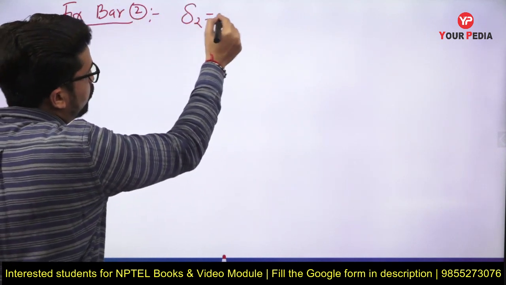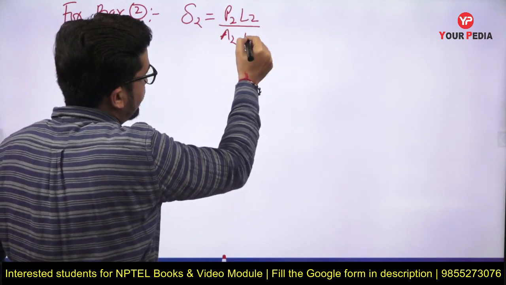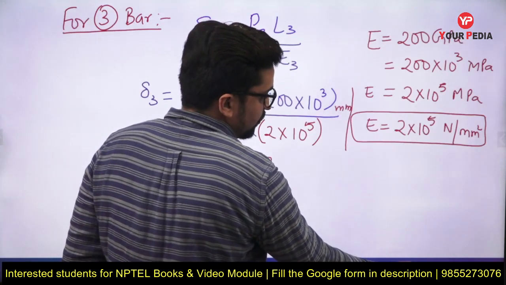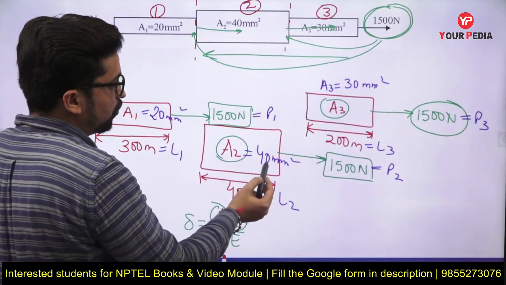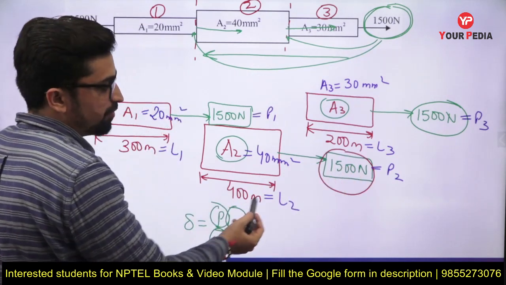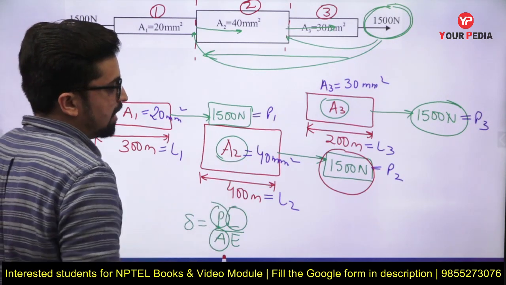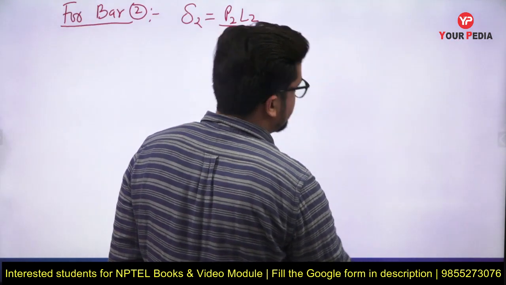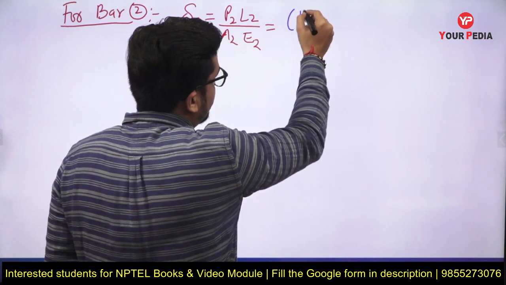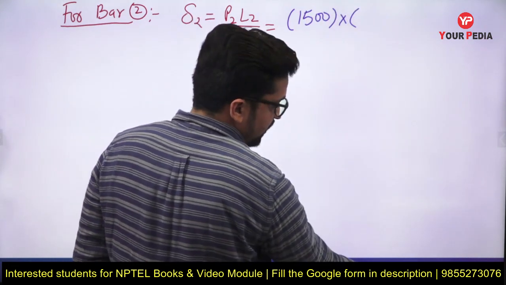delta 2 will be equal to P2 L2 upon A2 into E2, and P2 we have already calculated. So P2 is equal to 1500 Newton, L2 is 400 meter, E is same as 2 into 10 raised to power 5, and area is 40. So let us substitute these values. P is again 1500 Newton into length 400 meter.